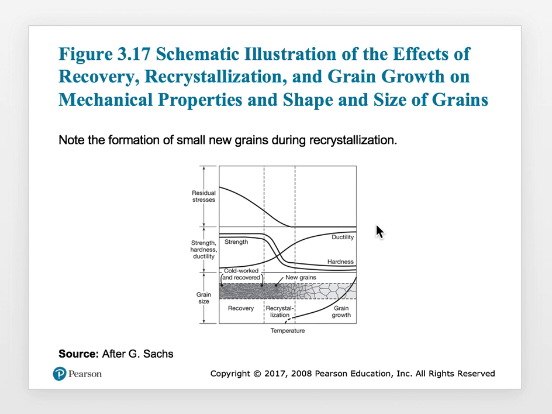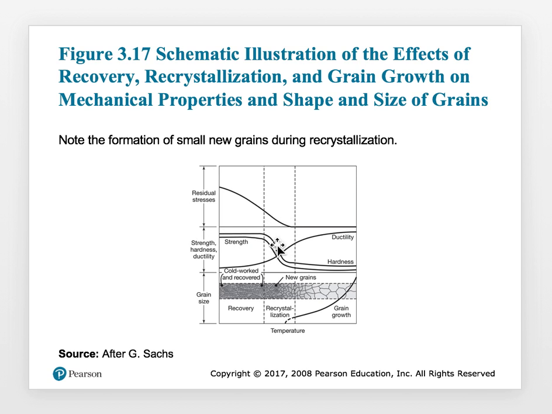So suppose you start with 1 inch of steel, you cold roll it. Okay, the strength goes up, the grain size goes down, the residual stress also goes up. And then you heat it up above the hot working temperature.